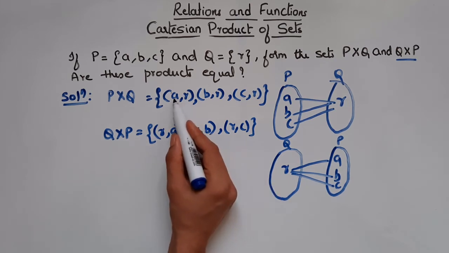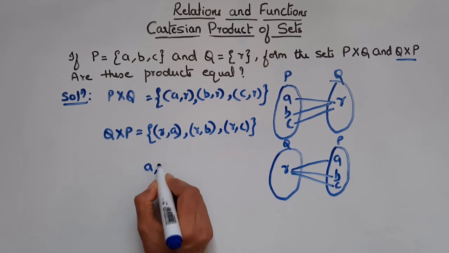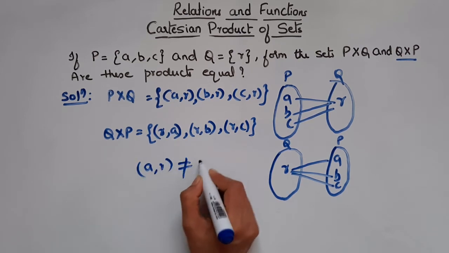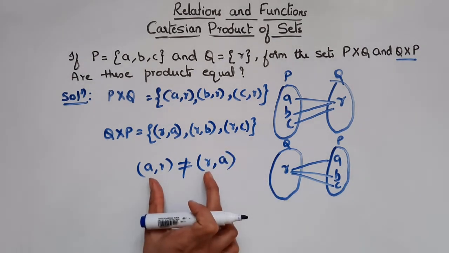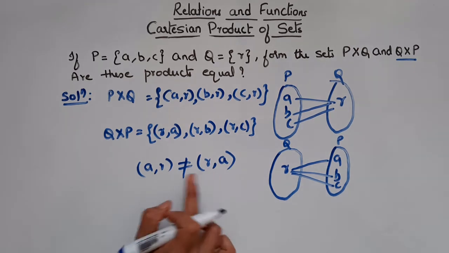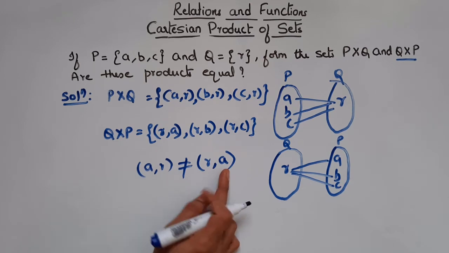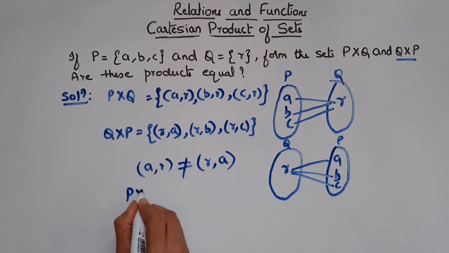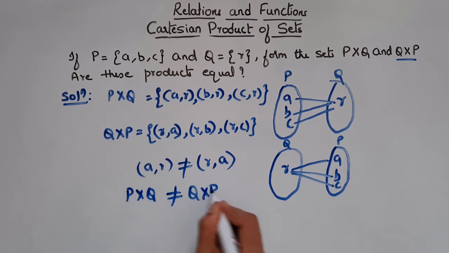Here in this case we have A comma R, here we have R comma A. So A comma R is not equal to R comma A. Here the corresponding first elements are not equal, right? Here we have A, here we have R. In this case we have R, here we have A. So therefore we can say P cross Q is not equal to Q cross P.